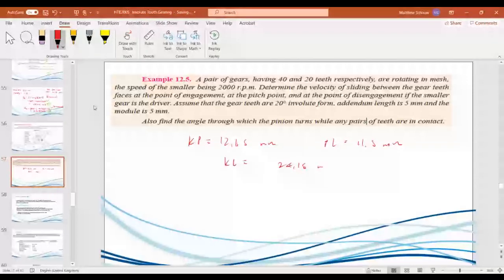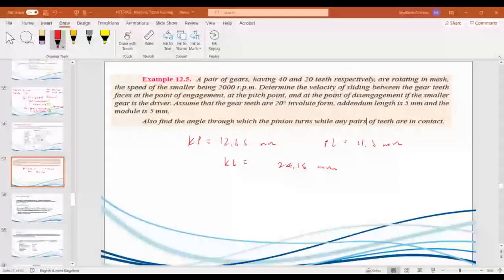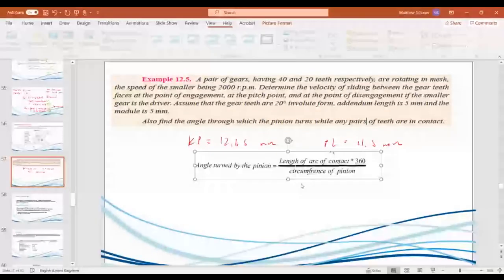So to find the angle through which the pinion has turned, be aware they can ask you about the wheel or the pinion. But if you know the procedure, it's fairly simple. This is from your formula sheet, and here's another one, the length of contact.